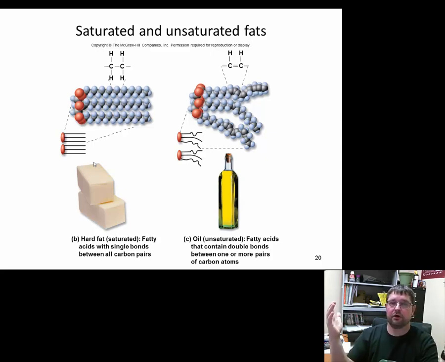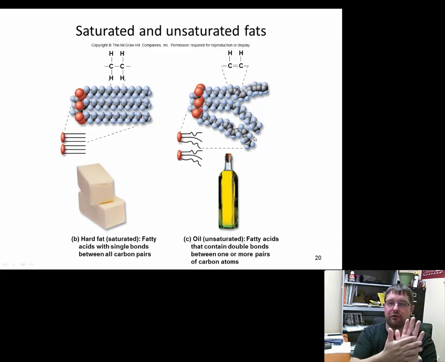So all the possible hydrogens bound to the carbons exist. Okay, so all the bonds are filled. An unsaturated fat is when some of those electrons are shared between carbons. So here you can see a double bond.